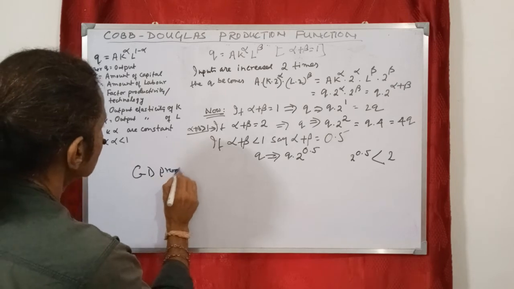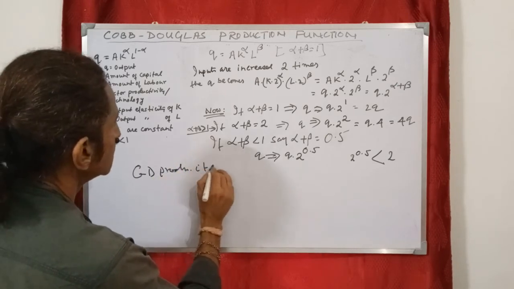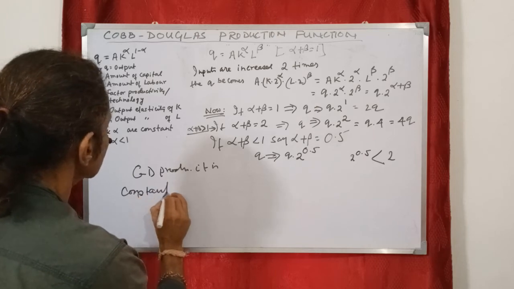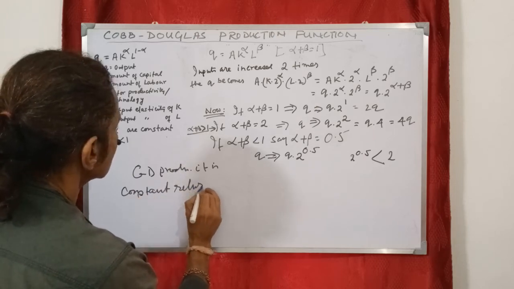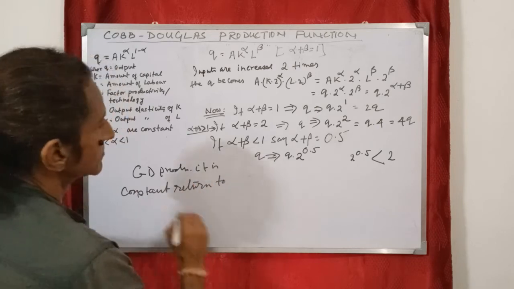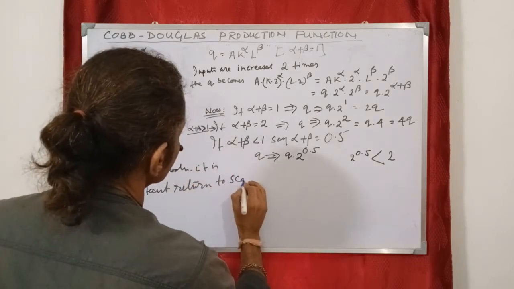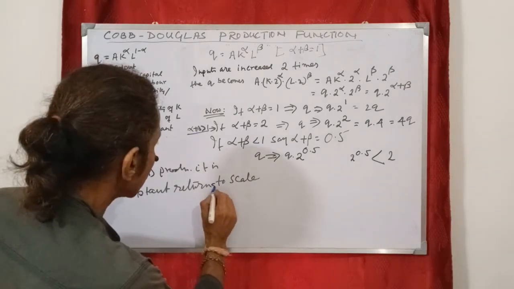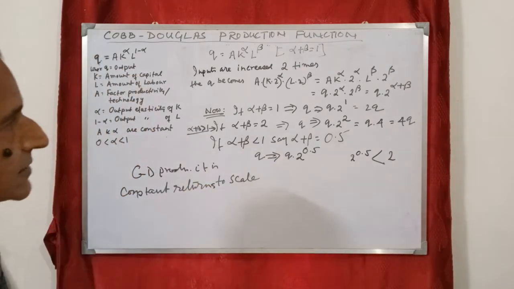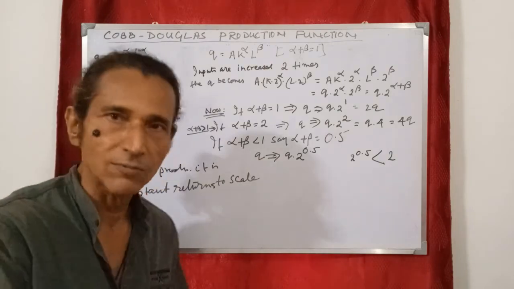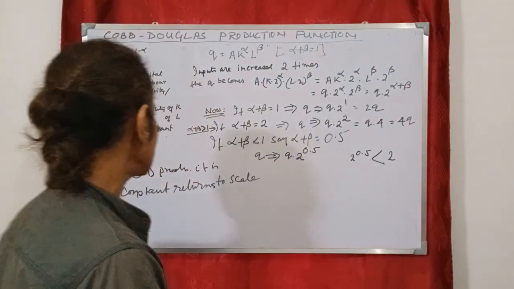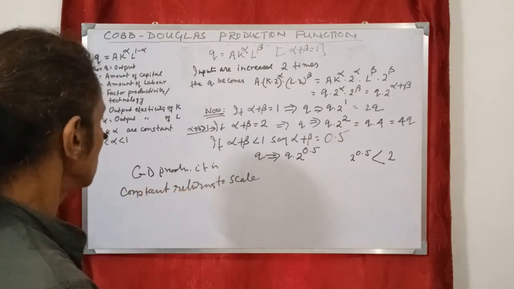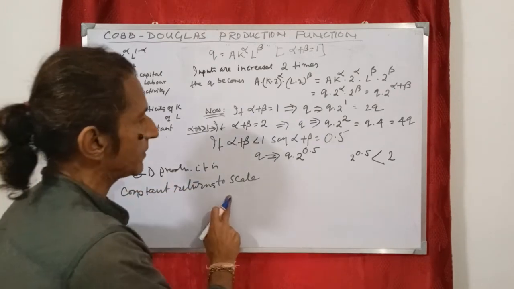CD production function, it is constant returns to scale. Remember, to scale, not to factor, because all the factors are variable. The whole scale of the business is changing. In CD, that is the Cobb-Douglas production function, constant returns to scale applies.